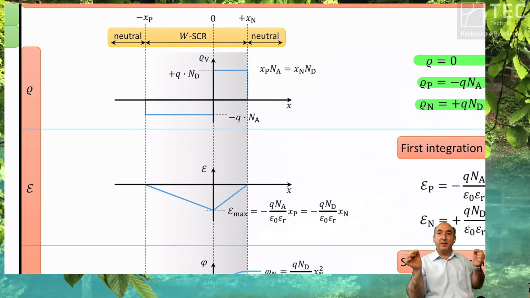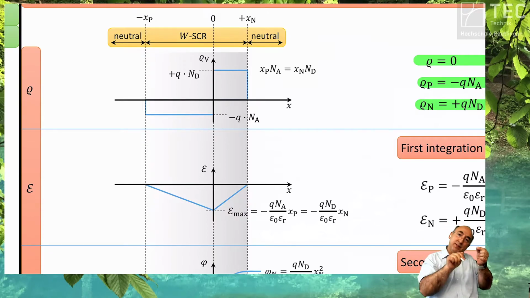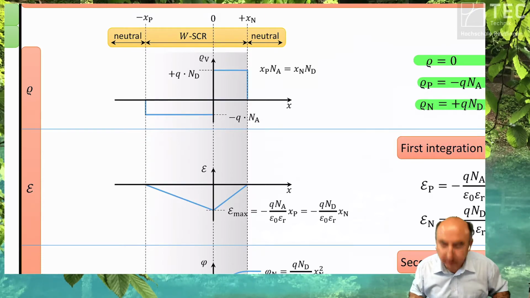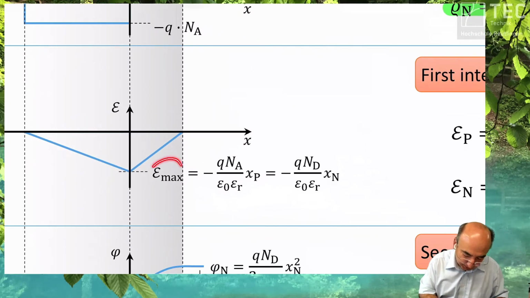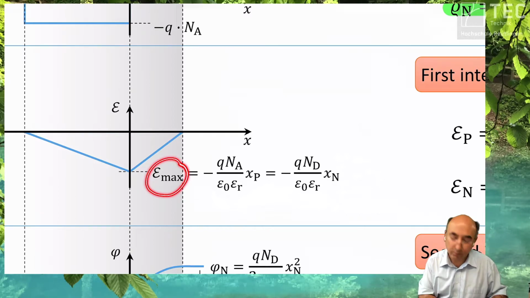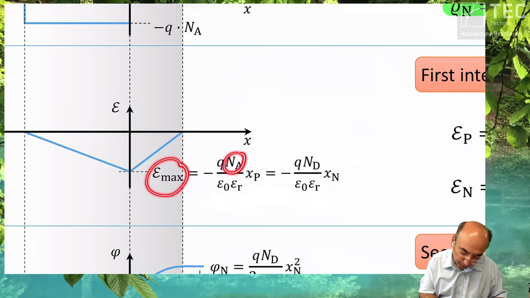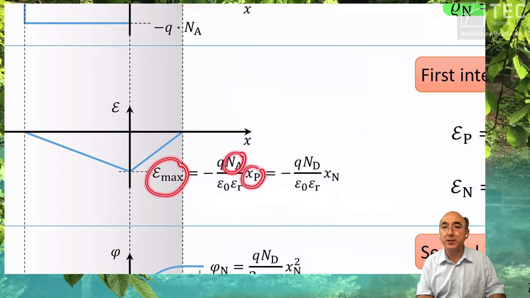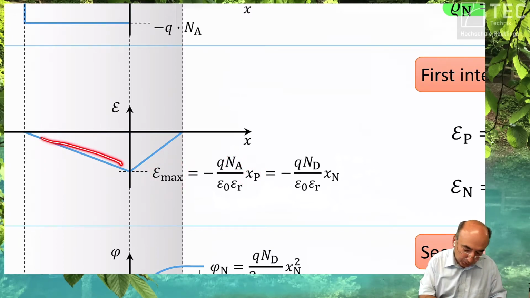If you have a diode, the electric field is in the center maximum. Now, oh, okay, I will state that later. We can calculate this electric field because we know this doping level, we know perhaps this space charge boundary position, and we can calculate it from left or from right. It ends up at the same point.